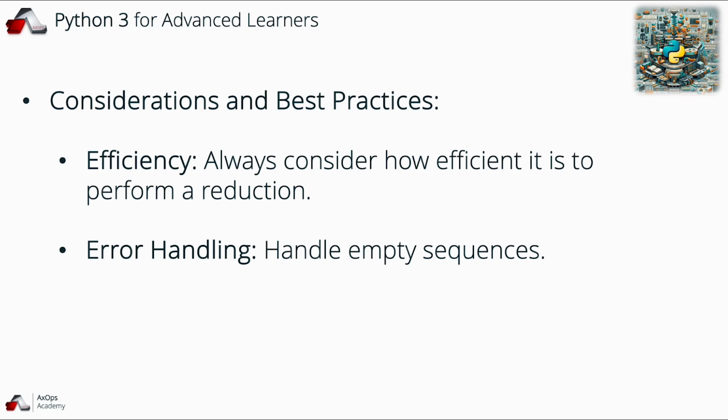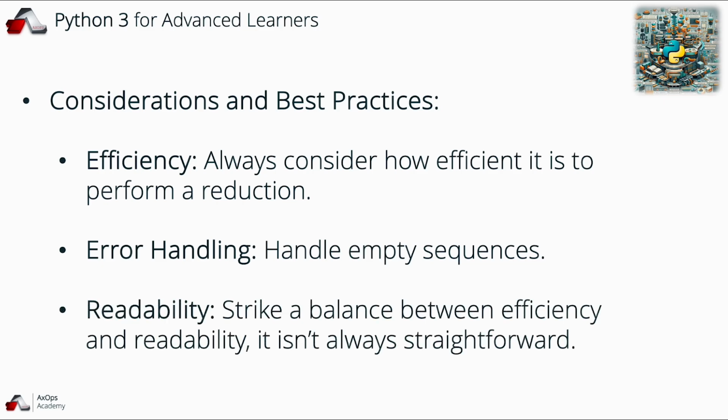And finally, in terms of readability, while the reduce method is powerful, it can sometimes make your code less readable. So it's important that you strike a balance between efficiency and readability and not just jump straight into a reduction-based task if it could be handled in a more efficient and perhaps even more readable way.